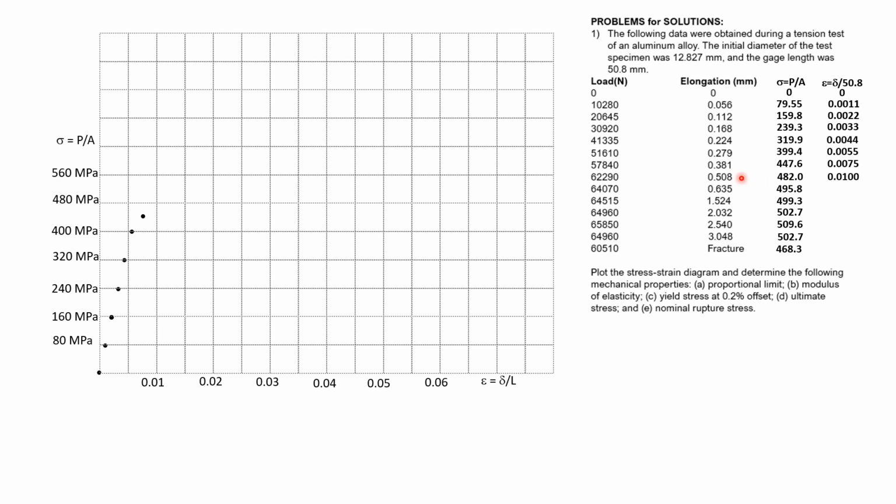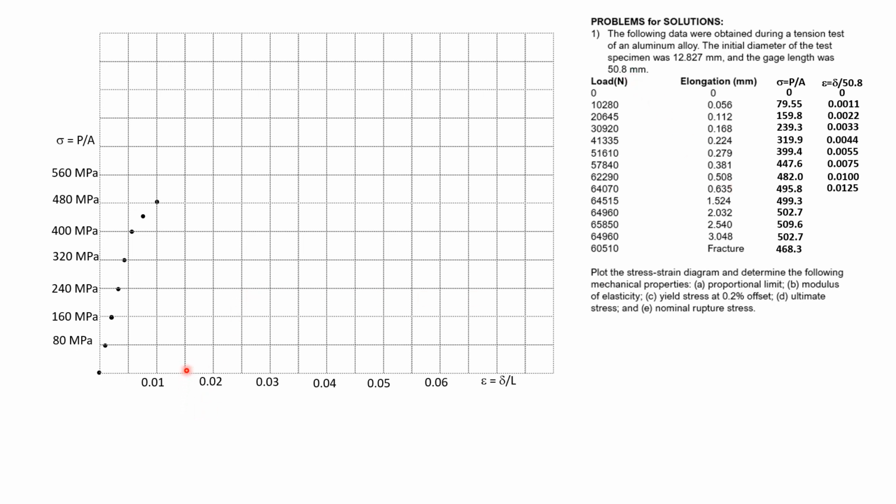Then 0.508 divided by 50.8 is 0.01, so it lies on this graduation here. And the stress is 482, so slightly above 480. Then 0.65 divided by 50.8 is 0.0125.